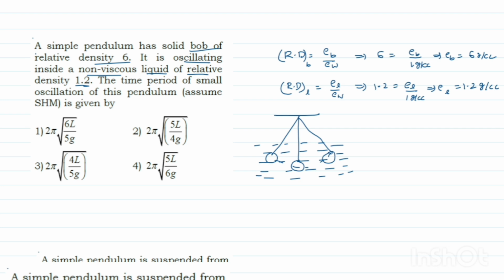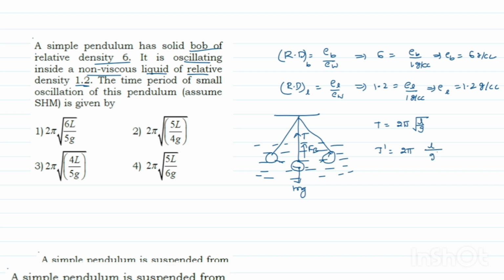Here a tension force will act, along with that a buoyancy force is going to act, and the weight of the body acts downwards. When it is outside of the liquid, the time period of the simple pendulum formula is T equals 2π root over L by g. When the simple pendulum is placed inside the liquid and oscillating, g will be affected.